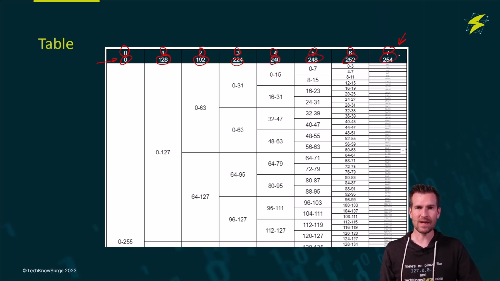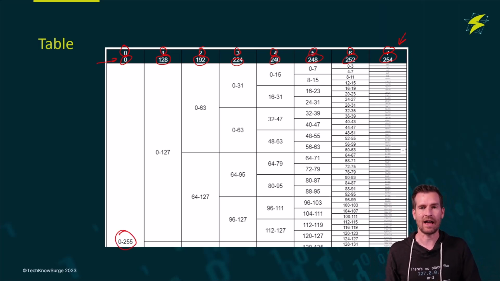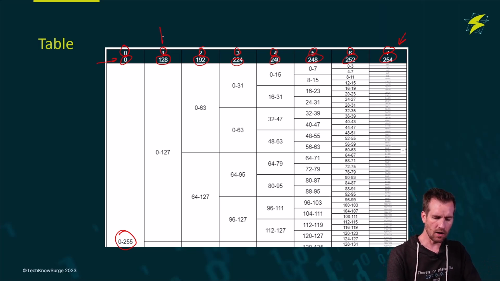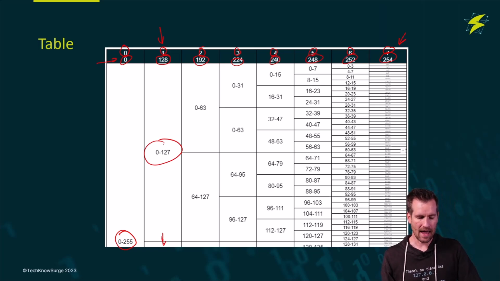What happens is we have the full range of that octet. It's 0 to 255. So that's the full range of the octet. If you borrow a bit, then it splits it into two ranges, 0 through 127, and if you were to be able to see it, it would have 128 through 255.